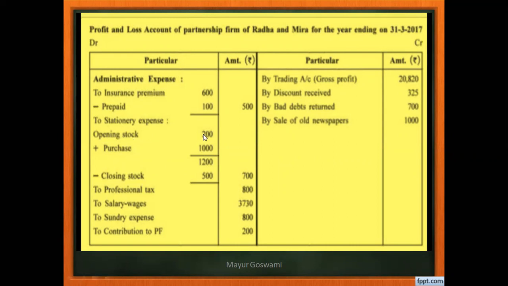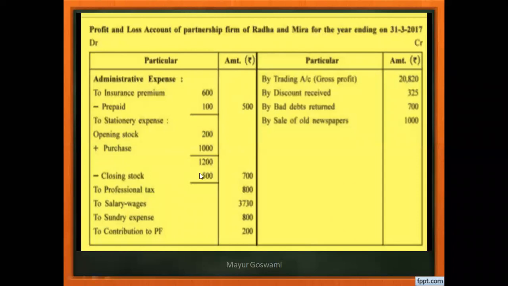So write in the inner column 200, right? Next item is stationery purchase. So purchase is also given. Write down here rupees 1000. Make the total. It will be 1200 rupees, which is in the inner column.